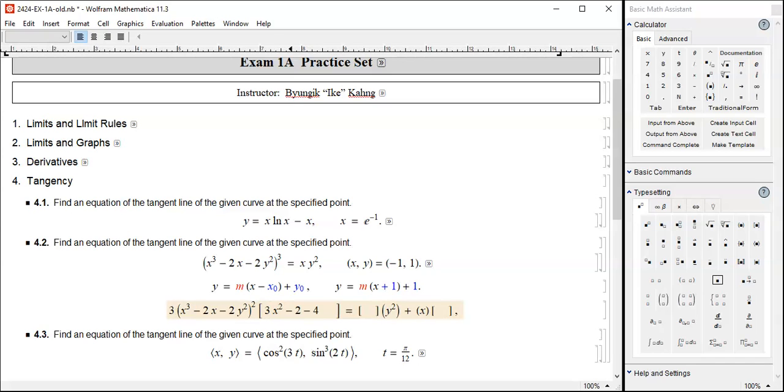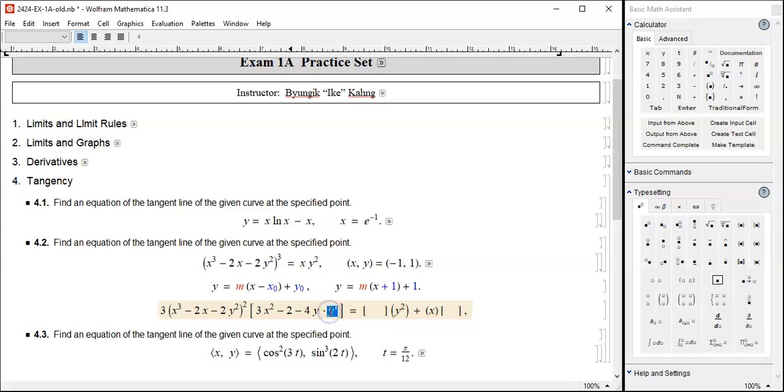Minus 4y. Is that all? I mean, 2 comes out, so minus 4y, but that's not it. Actually, it is correct. It's just that it's not complete yet. Times y prime. The derivative of the inside pops out because of the chain rule.